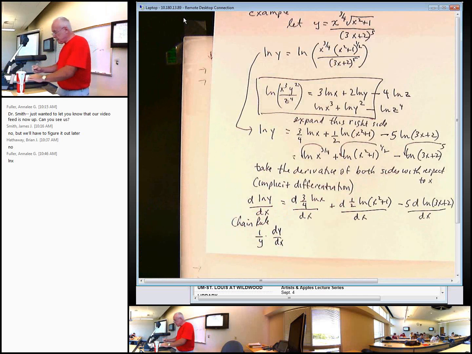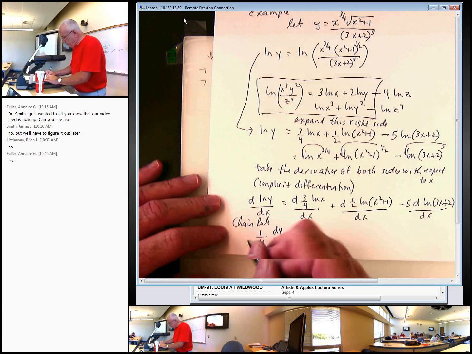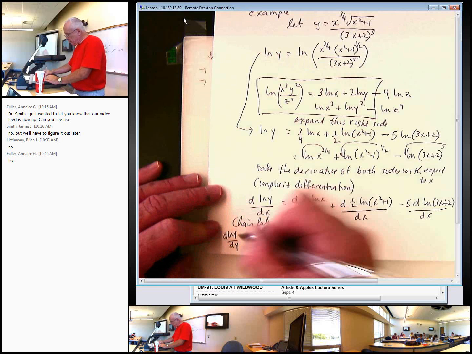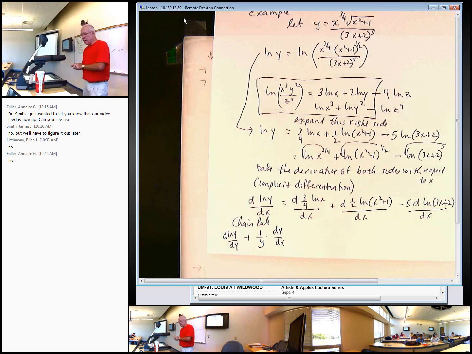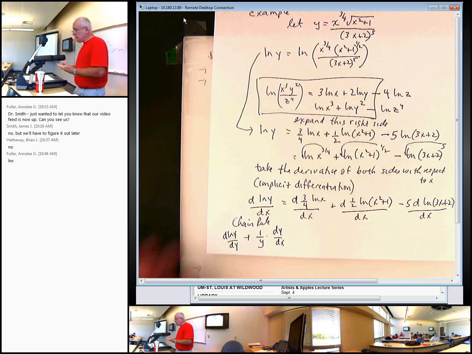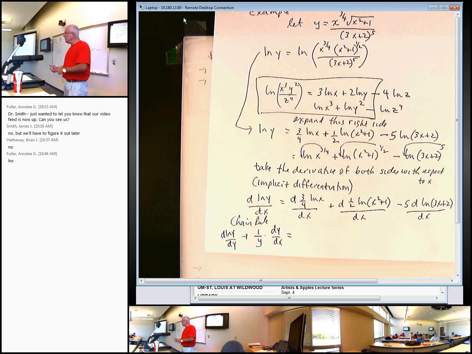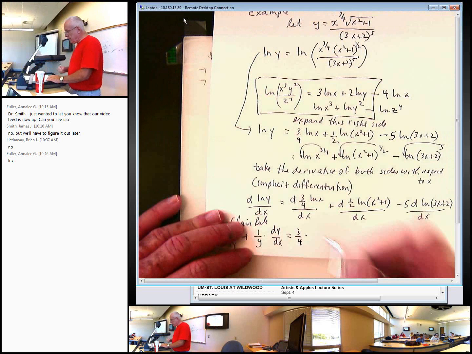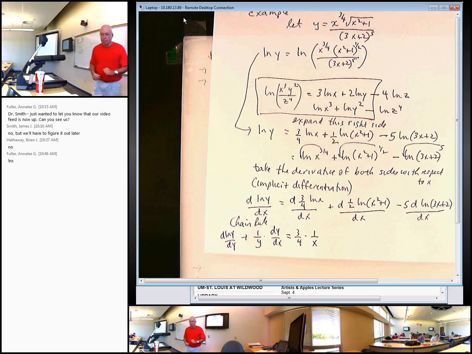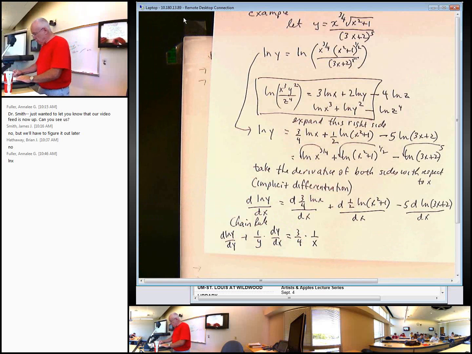So this first part is the derivative of the ln of y with respect to y, and then we have to multiply it by dy/dx for the chain rule. Okay, so that's our left side. Now let's go term by term and get our derivatives on the right side. So here we've got a 3/4 that we've got to keep, and the derivative of the natural log of x is 1 over x. So that's our first term. Now let's go to the second term, plus.